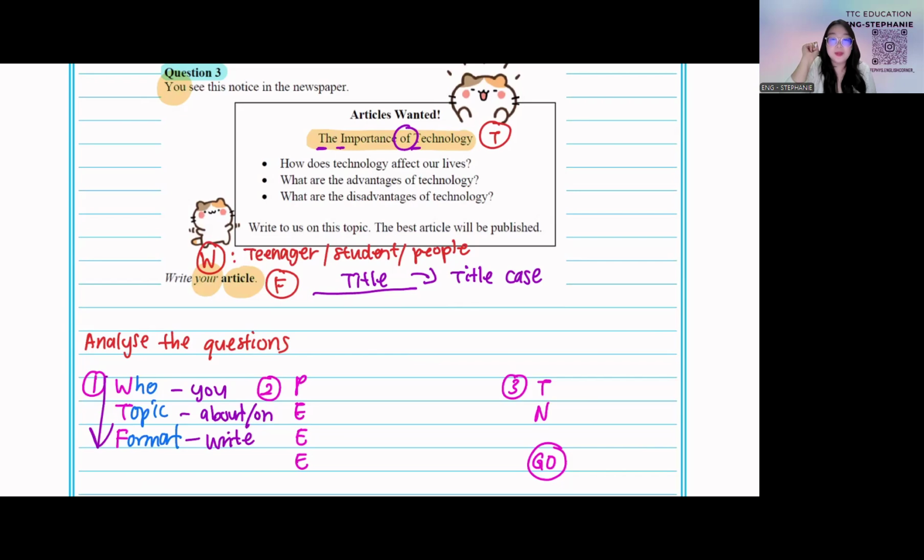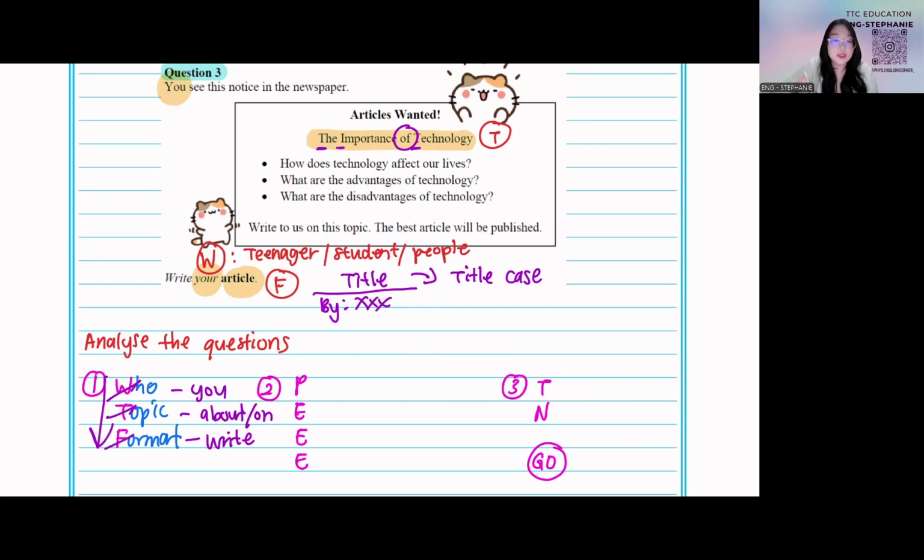Okay, so this is your format for article. Don't forget your by-line as well. Here, full name. Don't use nicknames. By XXX. Written by. All right. So this is your WTF.